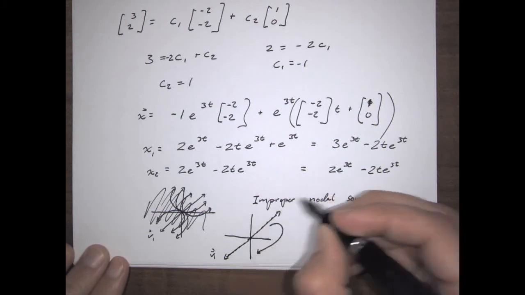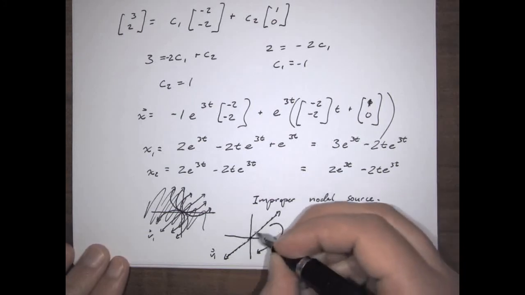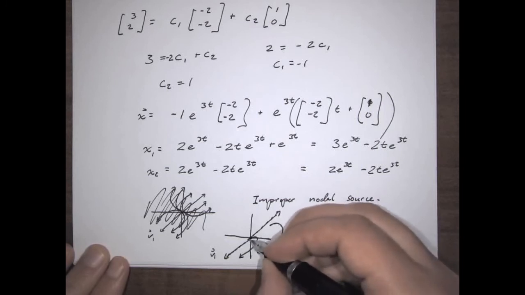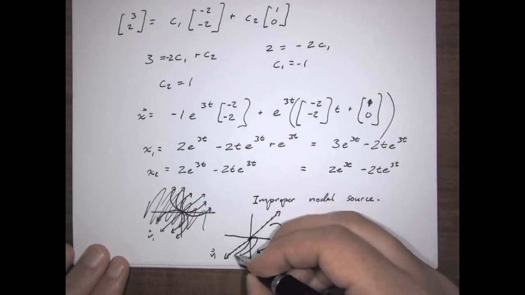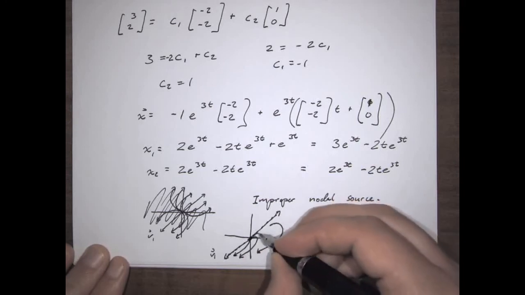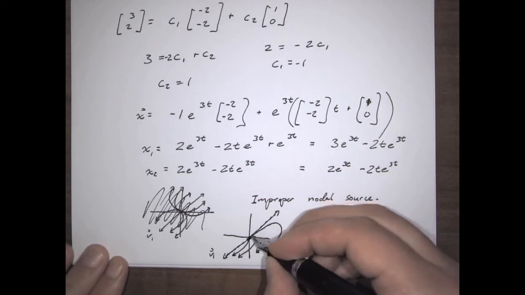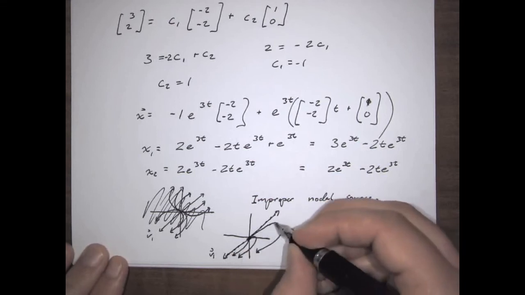It almost looks like a spiral, but it's actually not quite a spiral, because everything ends up trying to get parallel to the V1 here.